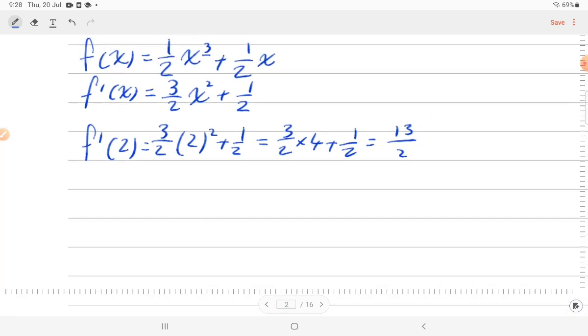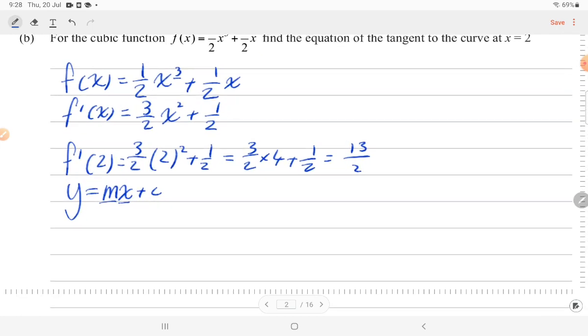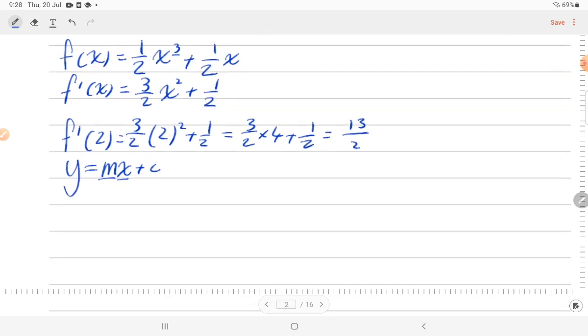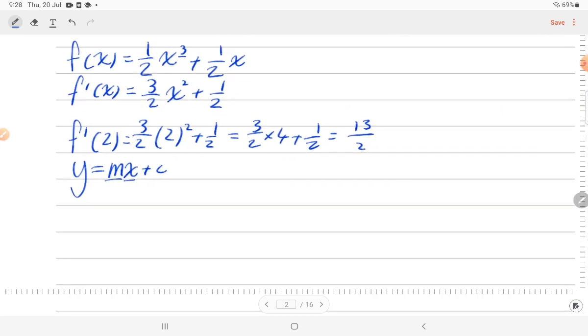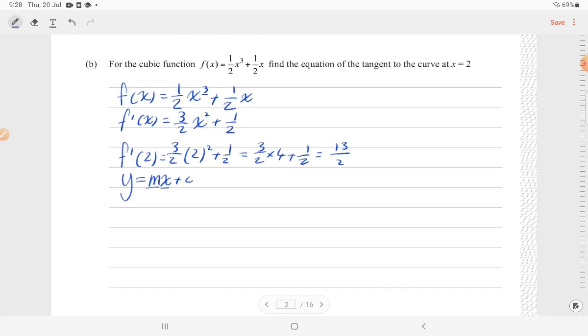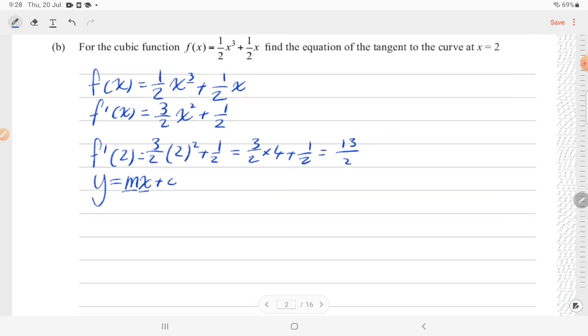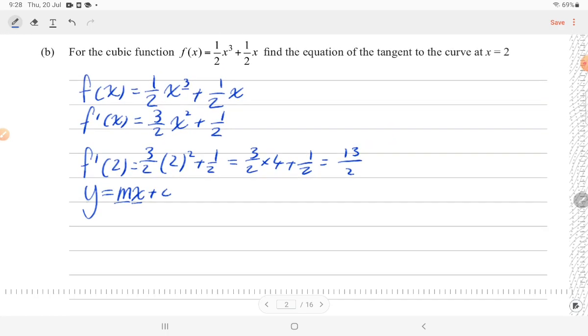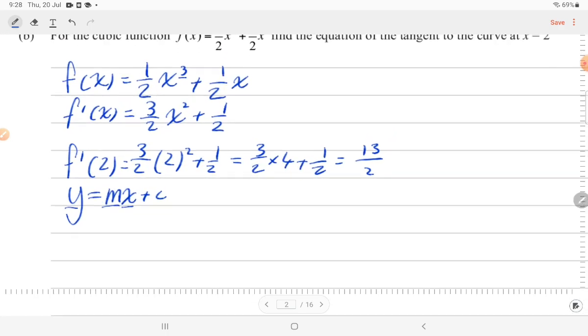So the equation for a line is y equals mx plus c, where m is the gradient, x is the x-axis, y is the y-axis, and c is a constant we need to figure out. So we know x equals 2, so we want to figure out what y is at x equals 2.